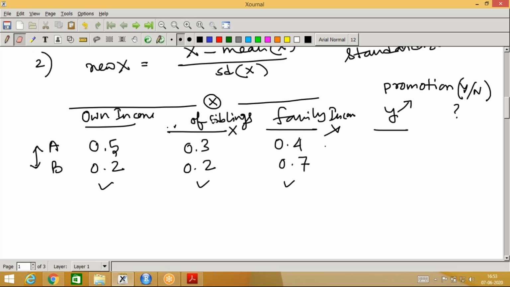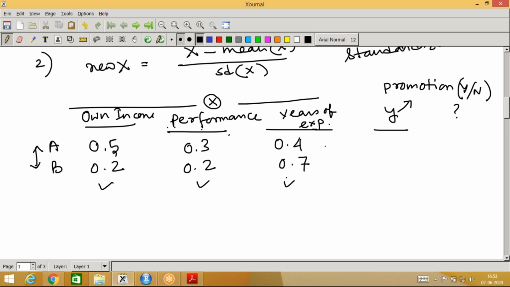Let me tell you that okay, this is not number of siblings. This is not number of siblings either. This is your, let's say, performance, and this is your years of experience in that organization.